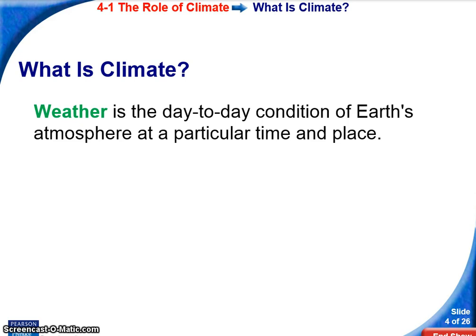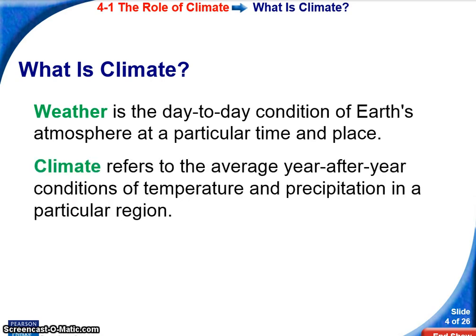So first off, what is climate? Well, the weather that we see out there every day, if it's sunny, if it's rainy, if it's snowy, that weather is the day-to-day condition of Earth's atmosphere at a particular time and place. Climate itself refers to the average year-after-year conditions of temperature and precipitation in a particular region.